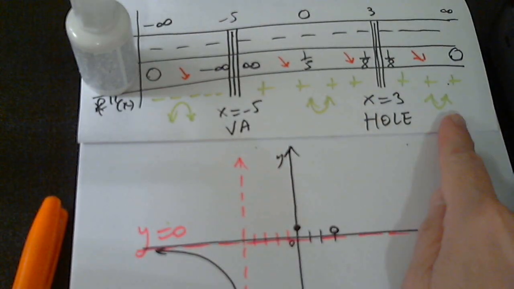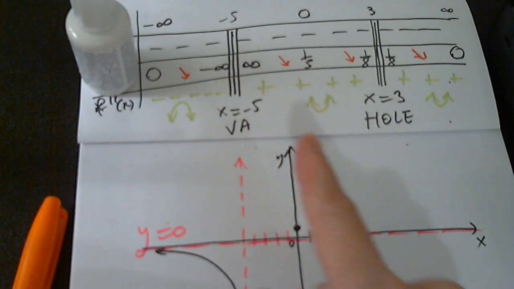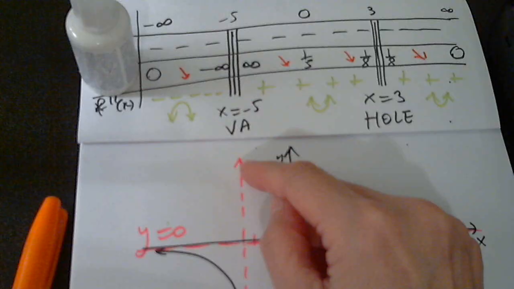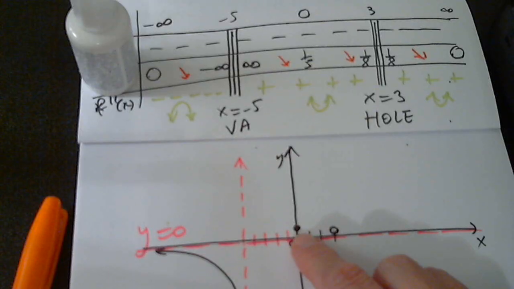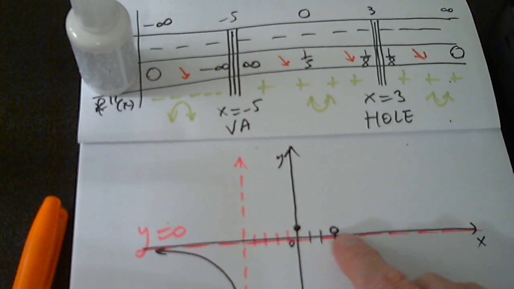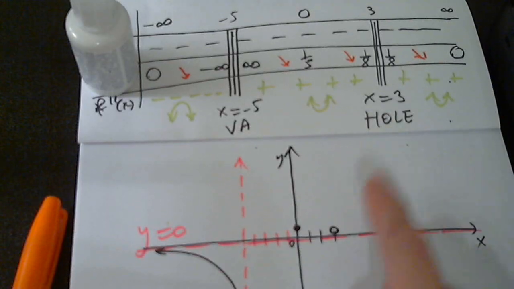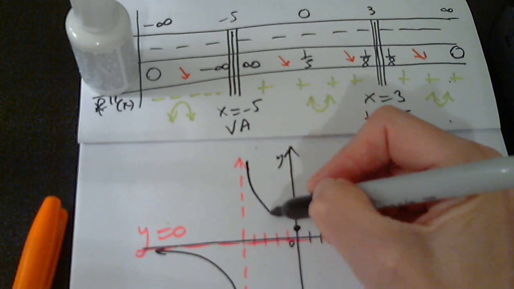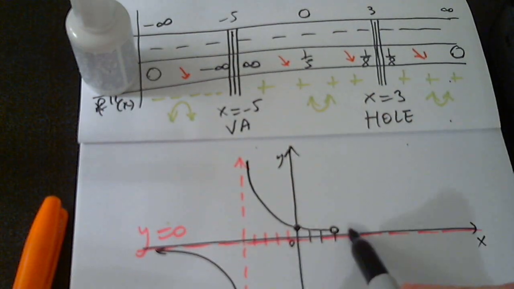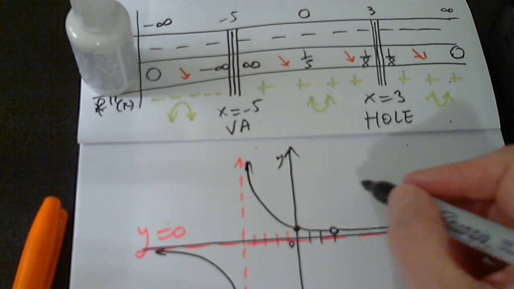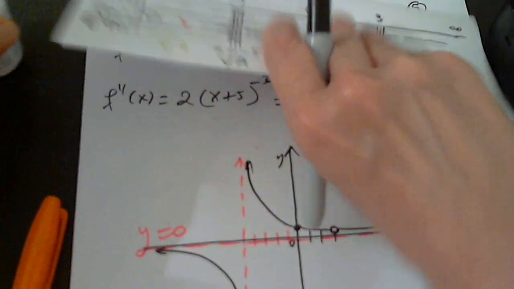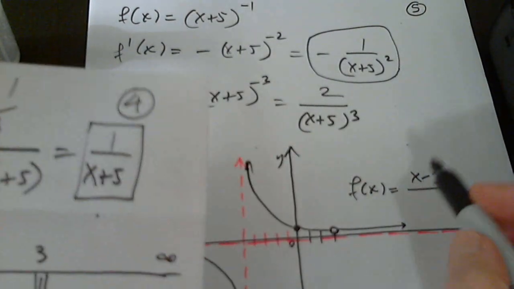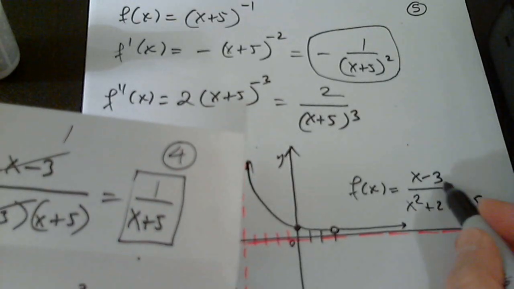Opening upward at all times, decreasing at all times, coming from positive infinity, crossing the y-axis at 0, 0.2, going through an open point, through a hole, continues to decrease towards 0. Easy. And this was the graph of f of x equals (x minus 3) over x squared plus 2x minus 15.